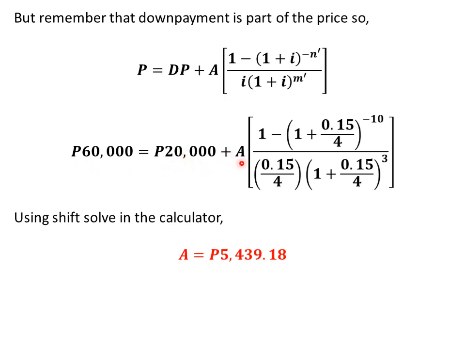Plus the formula A times 1 minus (1 plus the rate 15% divided by quarterly 4) to the power of negative 10. Remember, n prime is 10. Then over i, 0.15 over 4, times (1 plus 0.15 over 4) to the power of 3. Remember, m prime is 3. Okay? So using the calculator in solving this problem, you will arrive with A equal to 5,439.18 pesos.